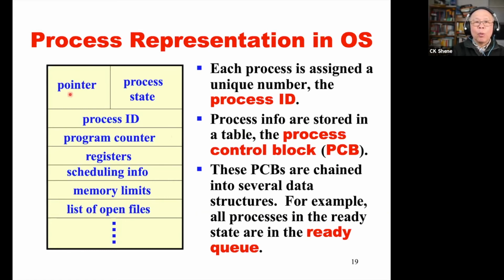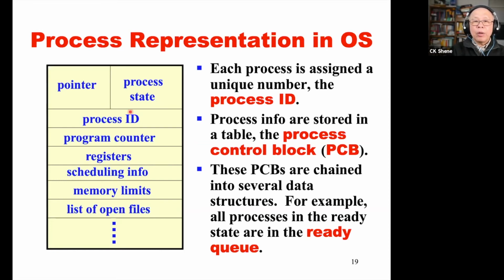Let's put the pointer section as the last one, because every process at any moment would be in one of these 5 states. As I mentioned, in a large complex system, there would be more than 5 states. So which state that process is in would be recorded here.